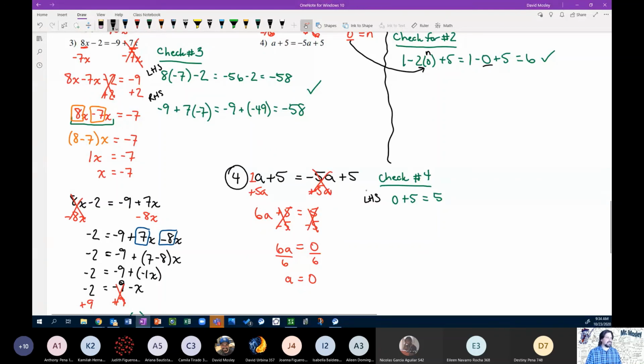And we'll do the right-hand side. We have negative 5 times 0 plus 5. Negative 5 times 0 is 0, plus 5 equals 5. 5 equals 5. We got the same number on both sides of the equal sign. Yay, everything worked.